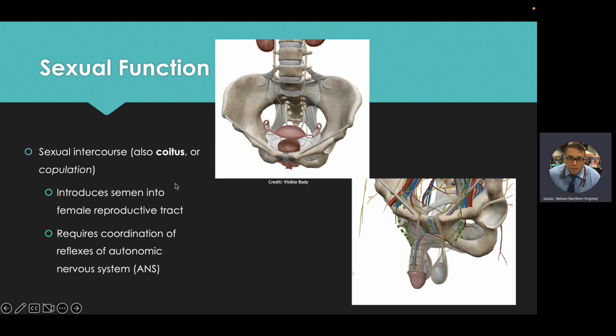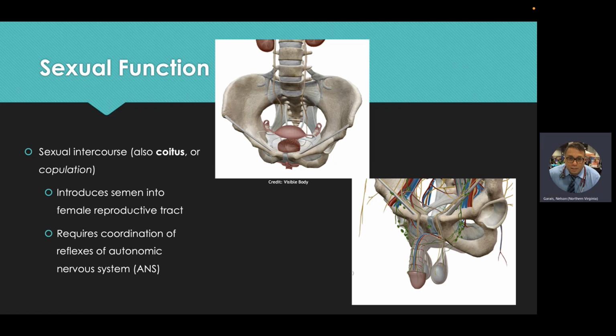Sexual intercourse is known as coitus or copulation. The erection of the erectile tissue in both the clitoris and the male penis requires parasympathetic nervous system innervation, which means your blood pressure should be what?